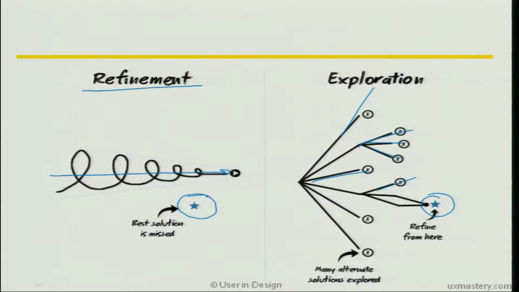And then from this point on, you can refine to make it better and better and better. Okay, so you will not have lost this very nice idea. So I hope you appreciate the need and importance of coming up with various ideas and many ideas.